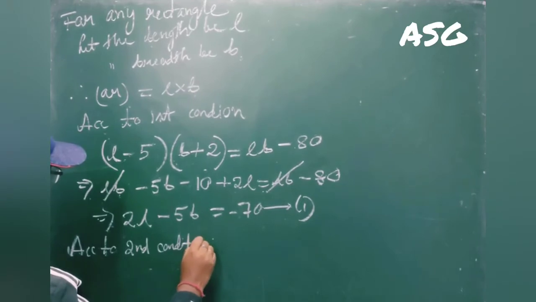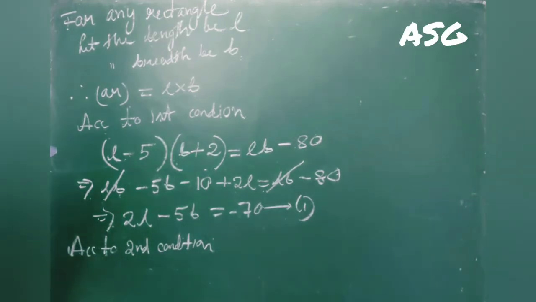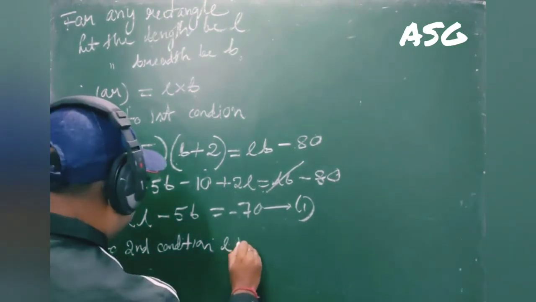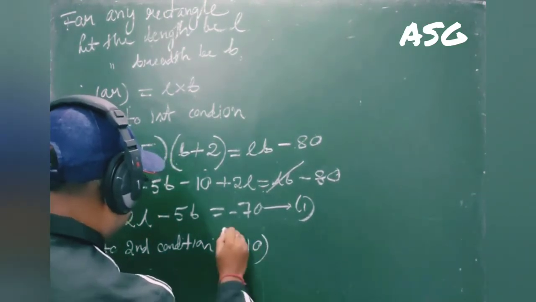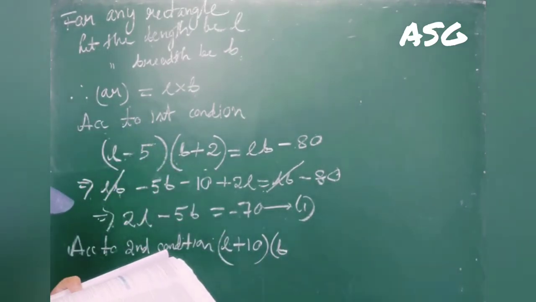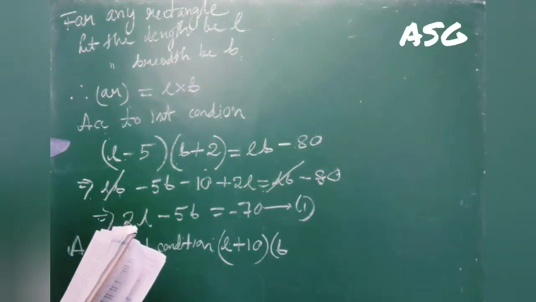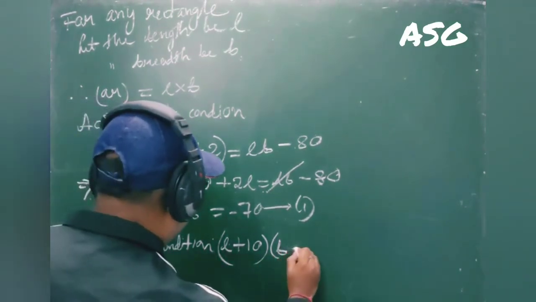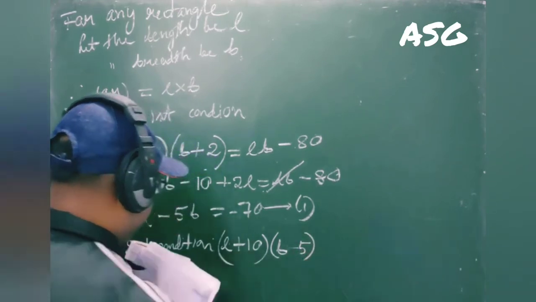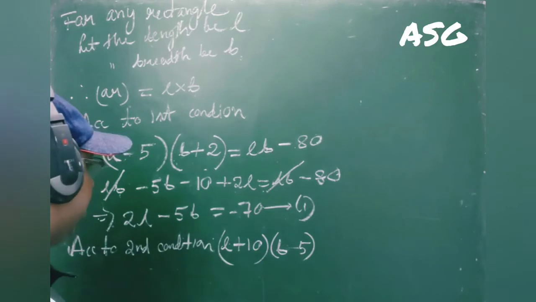If we increase the length by 10 units, length which is increased means plus 10. Let's see what about breadth. B, they said, and decrease the breadth by 5 units. Decrease means minus 5 units.